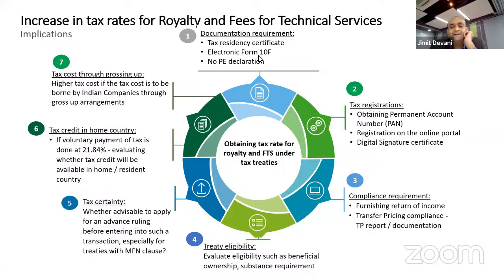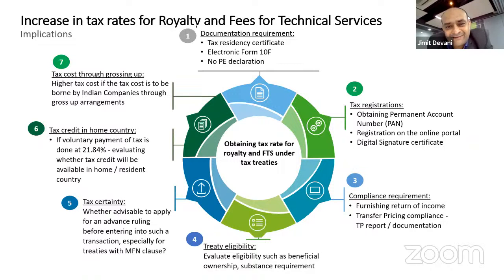Then, if you look at it from the treaty eligibility perspective, why does the income tax department want you to file the income tax return? Very simple. They want to verify that all these companies receiving royalty or fees for technical services are eligible.